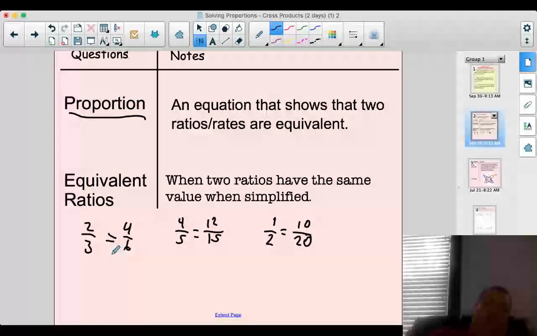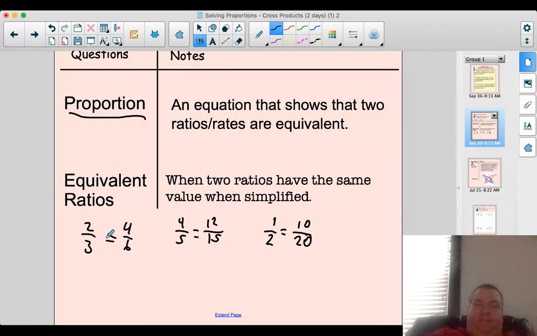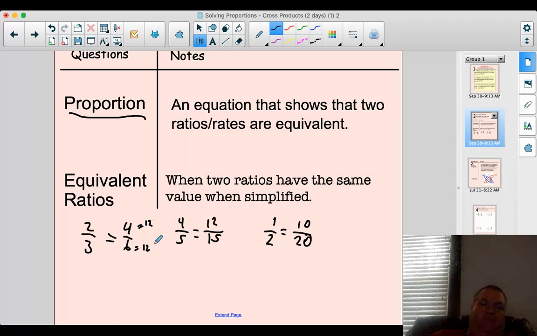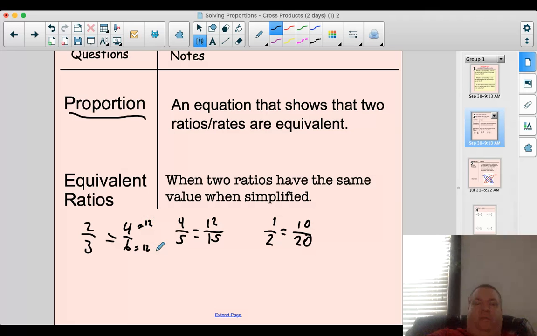I want to show you something that's true, and it's going to be really useful with these. What do you get if you do 2 times 6? 2 times 6 is 12. What do you get if you do 3 times 4? Well, that's also 12. We got the same number. Do you think that was a coincidence? Let's find out. What's 4 times 15? 60.